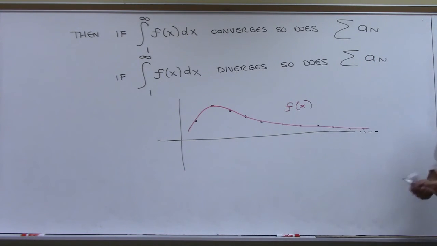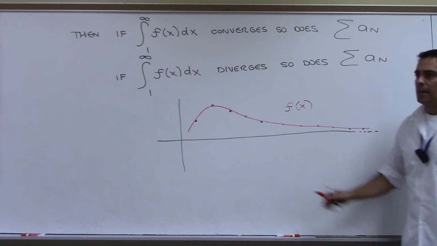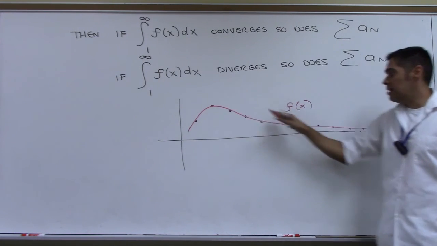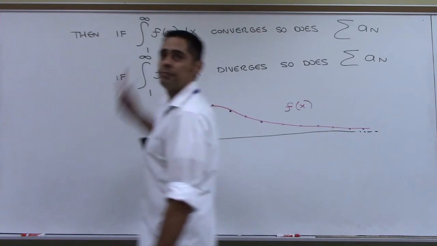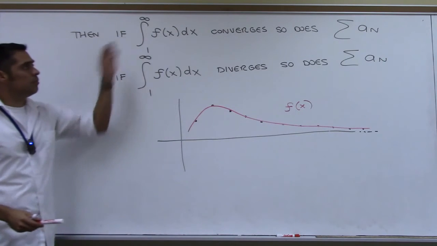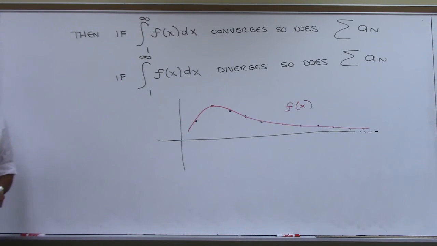I have a continuous, nice, smooth curve. It is positive, above the x-axis, and it is decreasing. Then what does this integral represent? Geometrically, what does that integral represent? The area underneath that red curve, doesn't it?